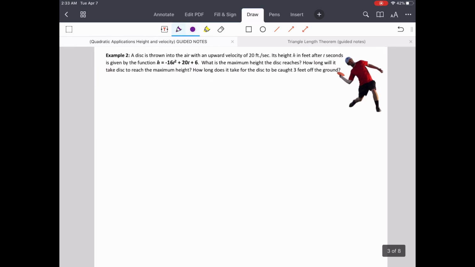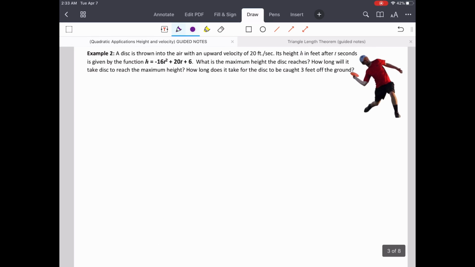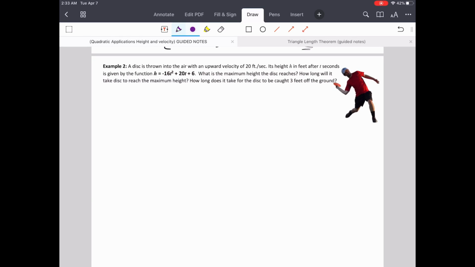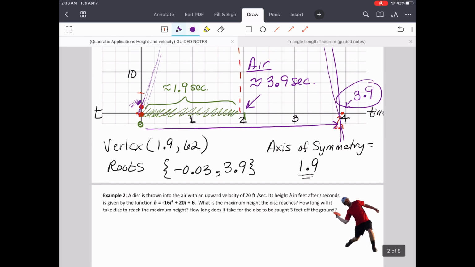Now for example 2, what I want you guys to do is pause the video at this point and try this one out on your own and go through the whole thing. It's going to be important for you when you figure out these problems. You want to find the vertex, you want to find the axis of symmetry. That's stuff that we've learned. You're going to want to find, what else?